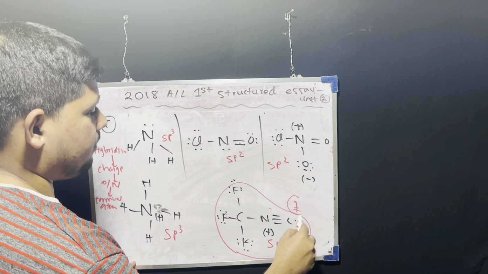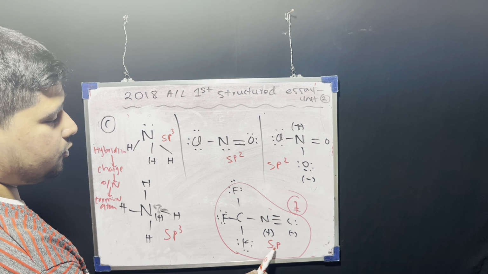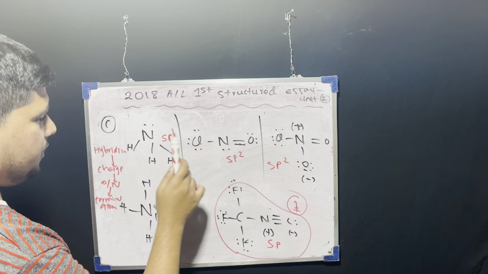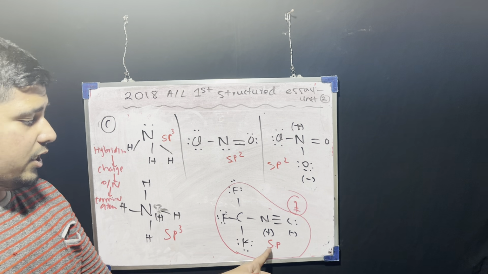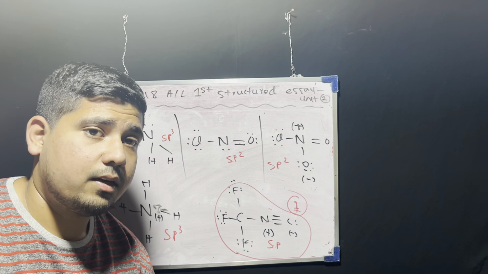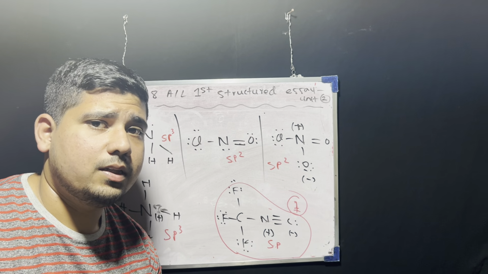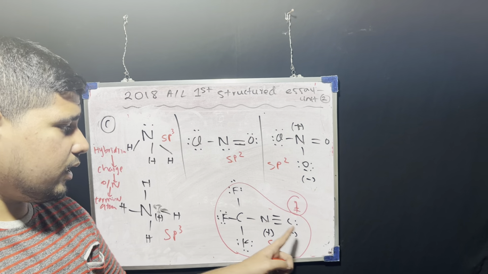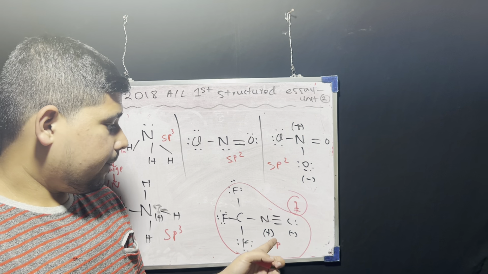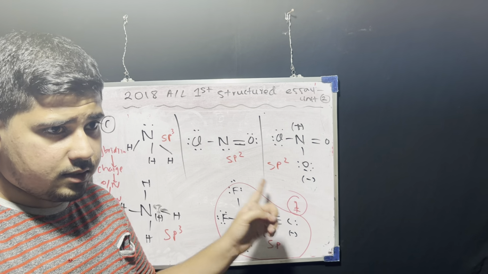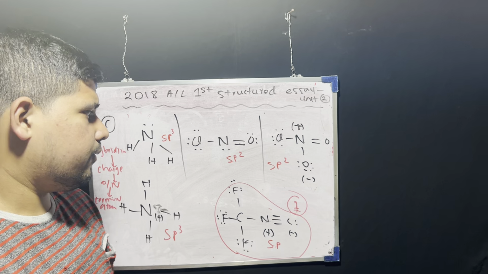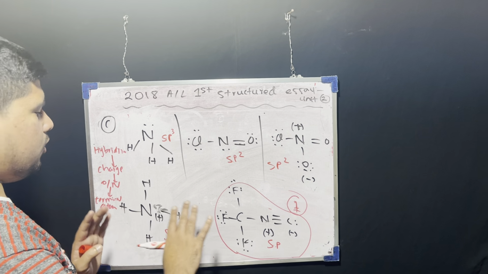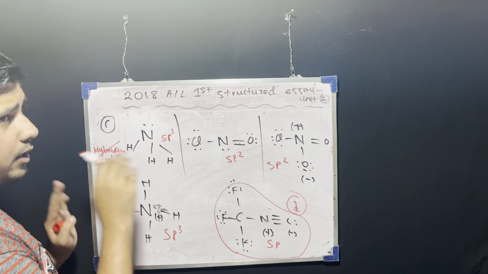This should be the number one, because sp has the highest percentage s character. So the nitrogen in CH3NC should be the highest electronegative. Now with hybridization, the game is done.